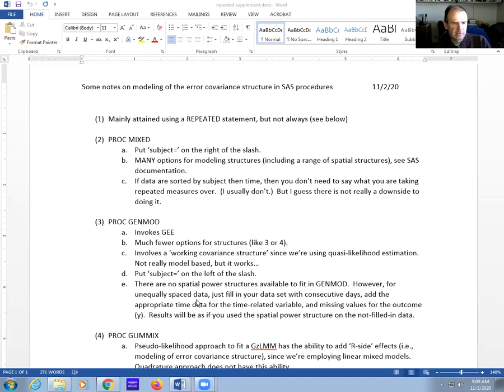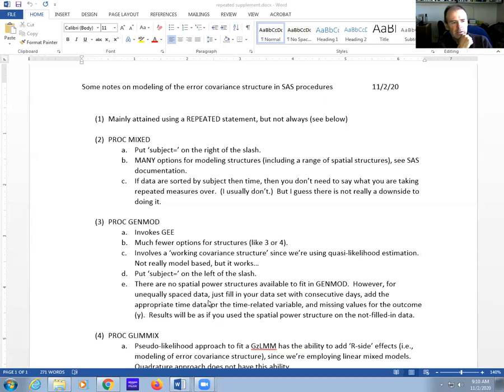So the question is, if you have intermittent or missing data, like if you collect data on the weekdays but not over the weekends, how can you account for those gaps? Well, essentially you have to fill out your data set so that you have consecutive days, put missing values in for Y, and then fill in your time variable.